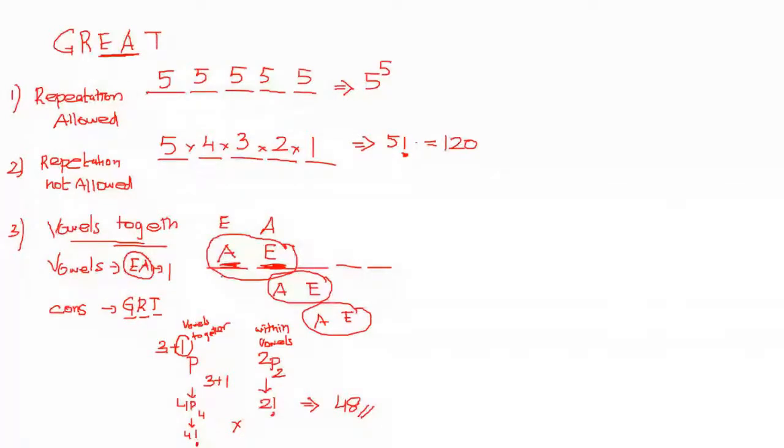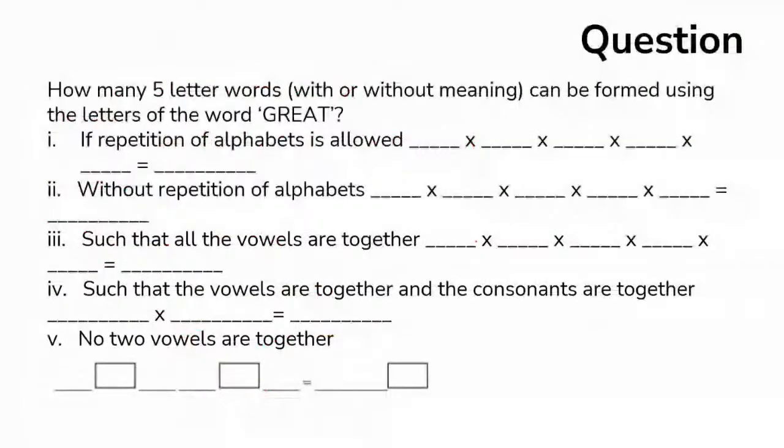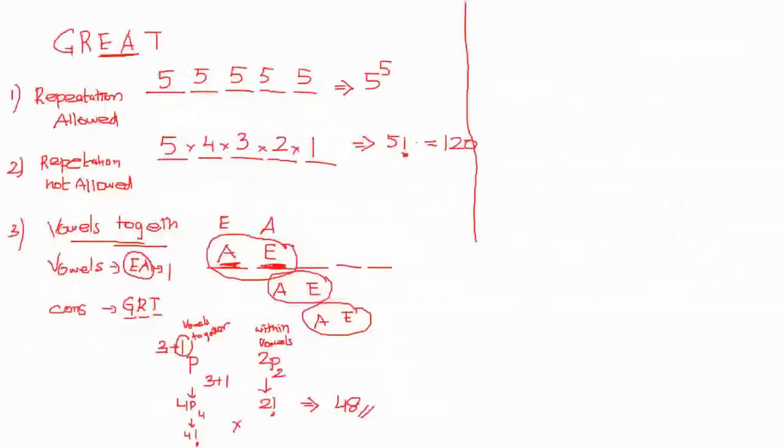Yeah. So moving on to the next question. The fourth question is such that vowels are together and consonants are also together.